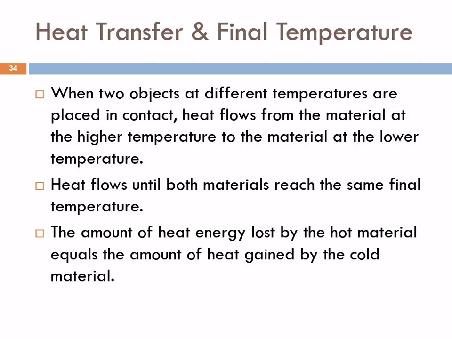So when two objects at different temperatures are in contact, heat flows from the high temperature to the low, and it goes until it gets to some middle final temperature. The energy lost by the hot thing is equal to the energy gained by the cold material.